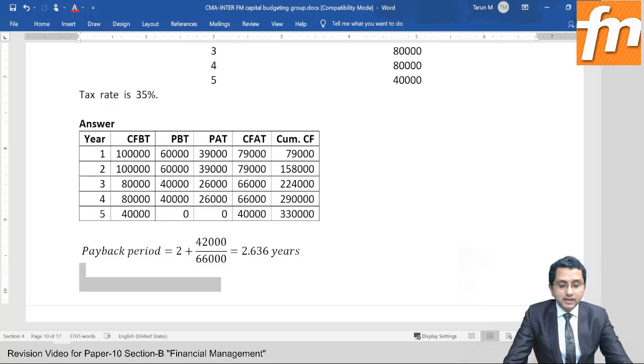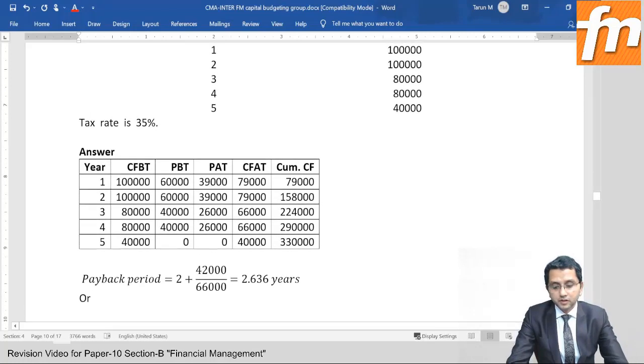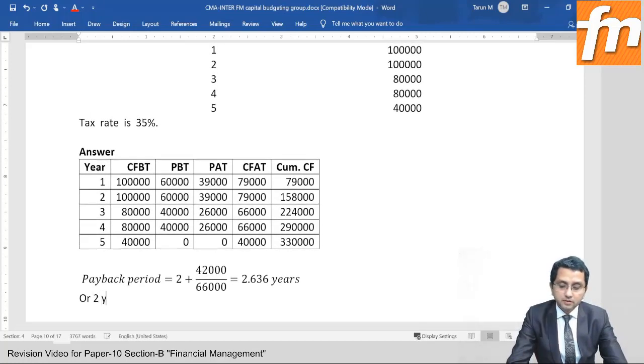So I can say that my payback period is 2 years and 8 months. I have rounded off 7.6 to 8. This is how I calculate payback period in case of unequal cash flows.